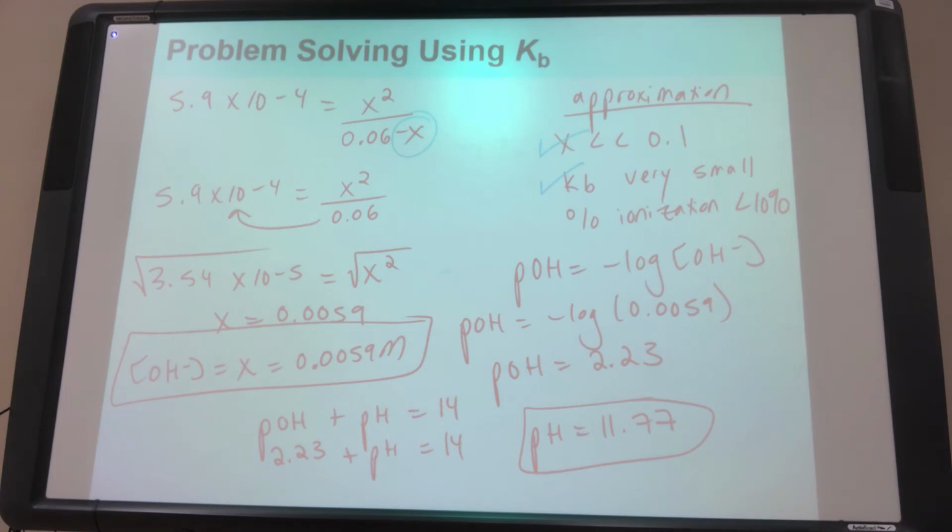All right, so now I got that. The last thing we said we wanted to do, and there's more blank slides if you want it, but I'm just going to do it right here. The last thing we have to do before we say we're sure that these are correct is check our percent ionization. We've already checked our x, we've checked our Kb, now we need our percent ionization. So percent ionized is x over initial times 100.